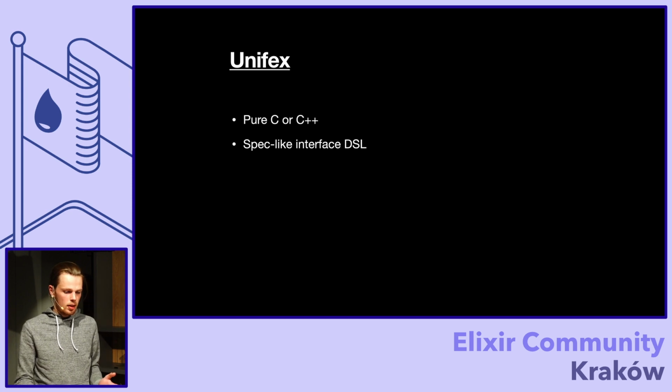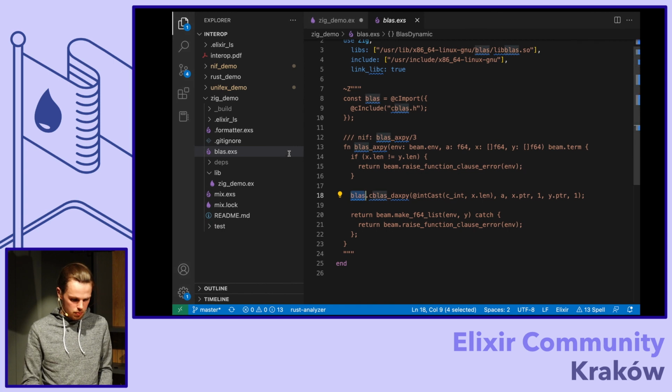Another tool that allows interoperability using NIFs is Unifex, which we created in Membrane, and it only requires you to write C or C++, actually the one you prefer, and it provides a DSL that is similar to Elixir type specs. So let me show you.